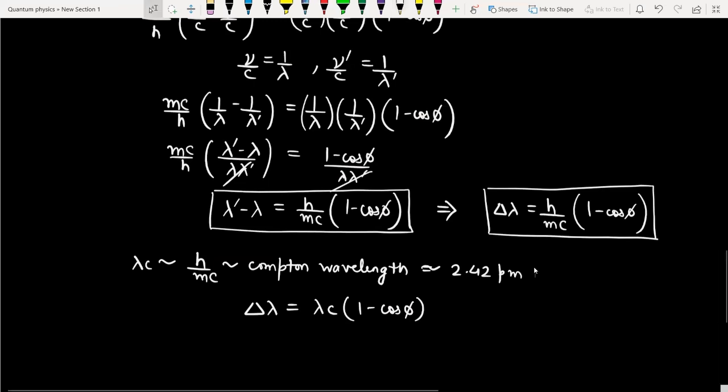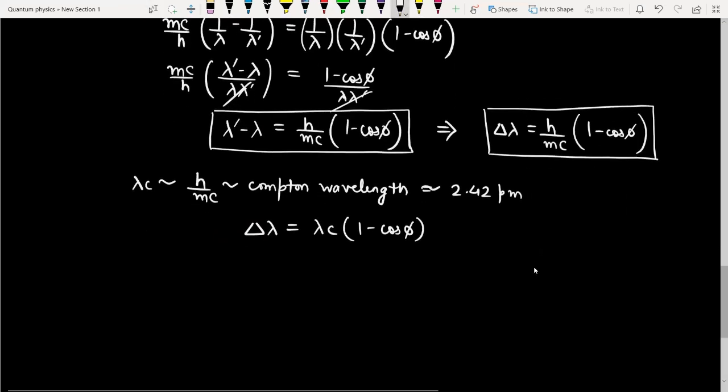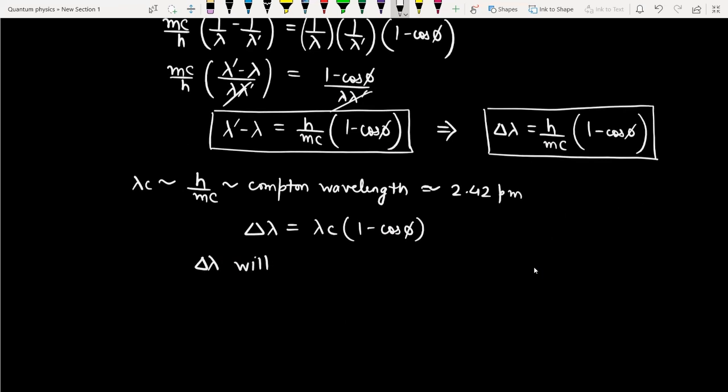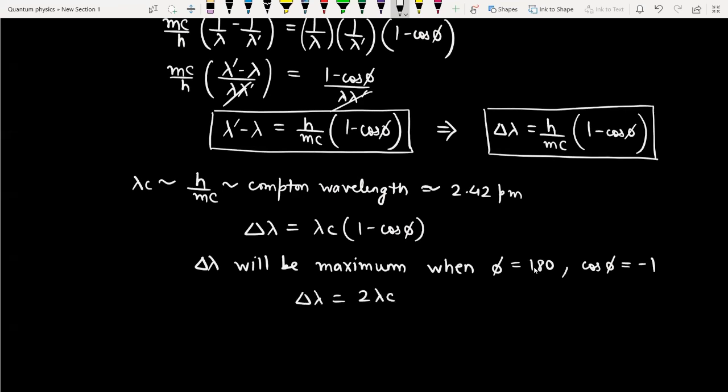So we can also write this important result, that the shift in the wavelength, this delta lambda, will be maximum when phi is equal to 180 degree, because when phi is 180, cos phi becomes -1, and obviously this delta lambda becomes 2 times lambda c, which we can calculate by multiplying by 2.